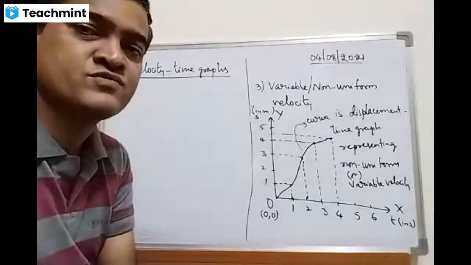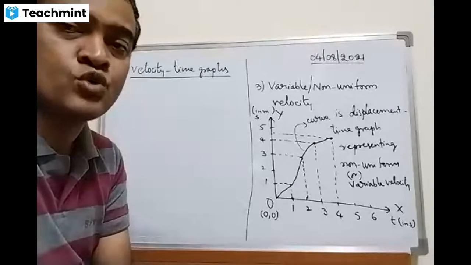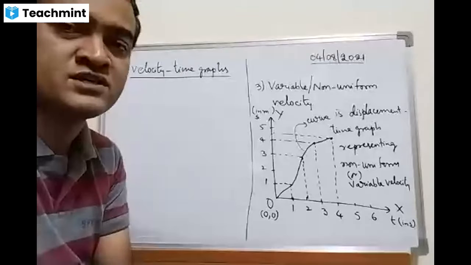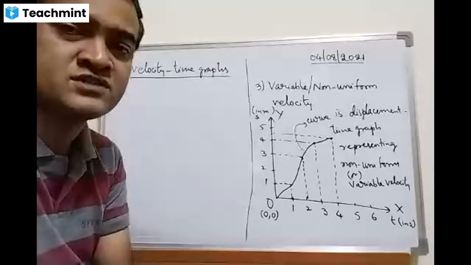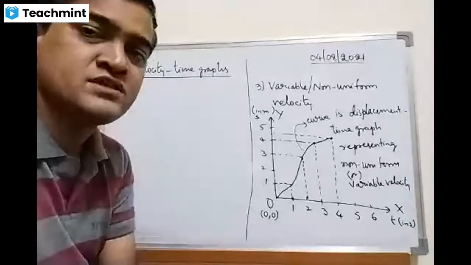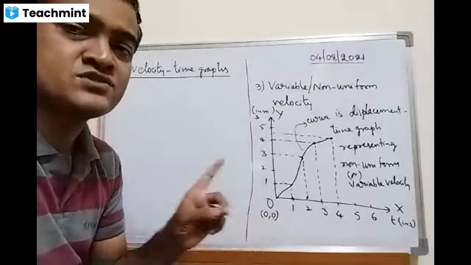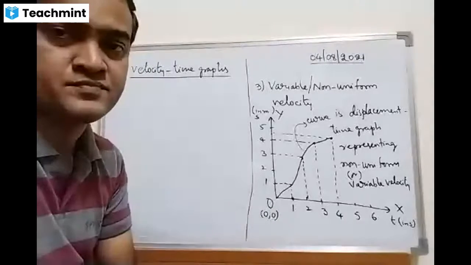In the previous case, for displacement time graph, what is the slope? Velocity. In all the three cases, you got velocity only. The first case has zero velocity, second constant velocity, third case has non-uniform or variable velocity.